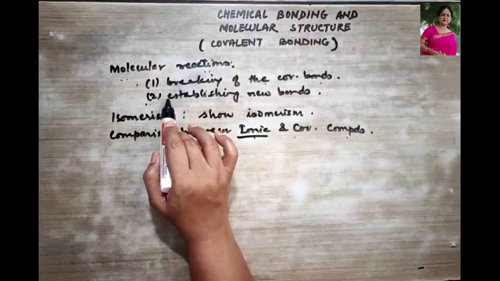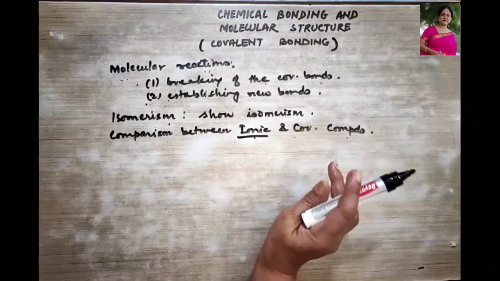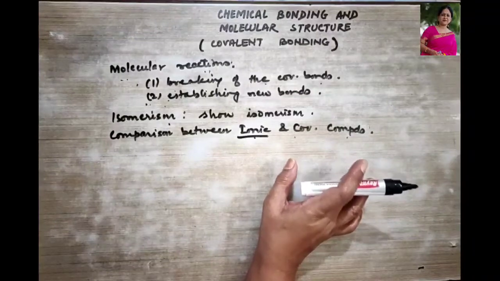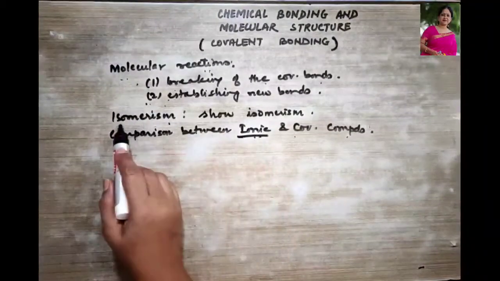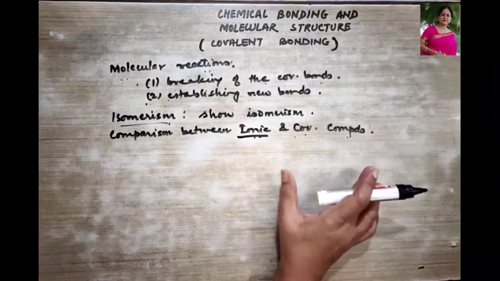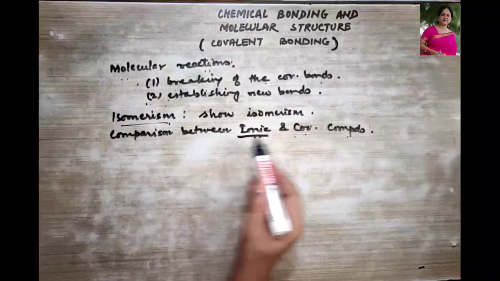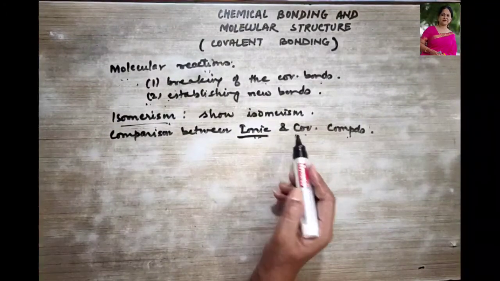Molecular reactions happen in two steps, therefore the rate of reaction is slow. I hope this is clear. Ionic compounds do not show isomerism, whereas covalent compounds can show isomerism. So these were some of the differences between ionic and covalent compounds.